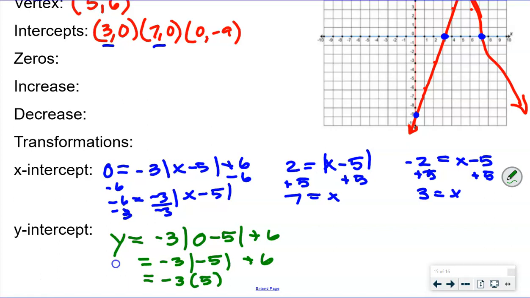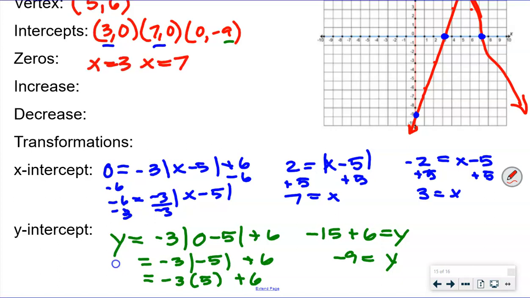Because the absolute value of negative 5 is 5, plus 6. So that's going to be negative 15 plus 6 equals y. So y is going to be equal to negative 9, which is exactly what we thought it was right here, okay? So remember again, our zeros are going to be x equals 3 and x equals 7.